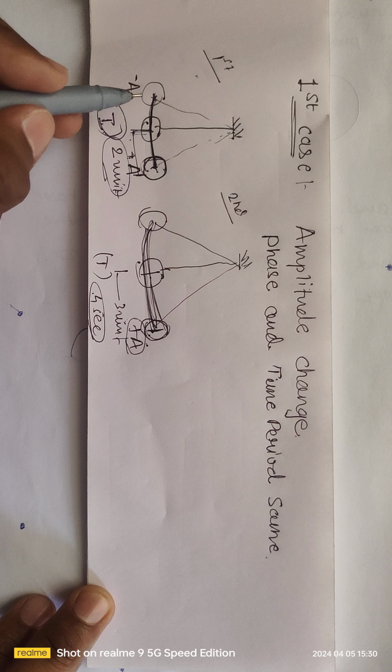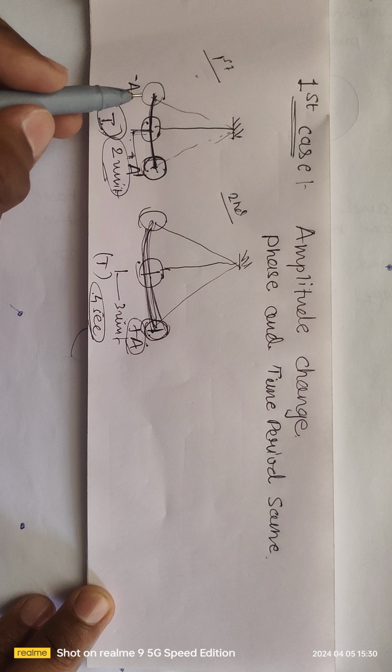The simple harmonic motion I denote in the y direction. So it is 1 unit, 2 units on either side. It is plus A, it is minus A.